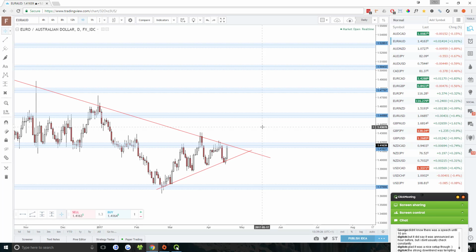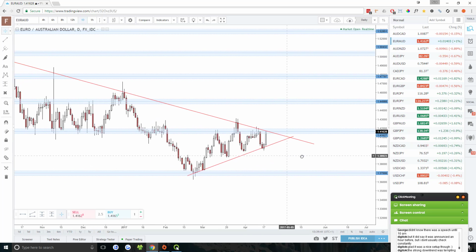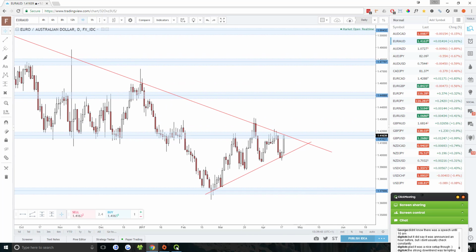As we've seen with the GBP, it started pushing up after Theresa May's speech. So we had a similar thing on the euro. Euro started pushing up too because they're kind of correlated. So if that push up is short-lived, then we could get a nice continuation reversal here.